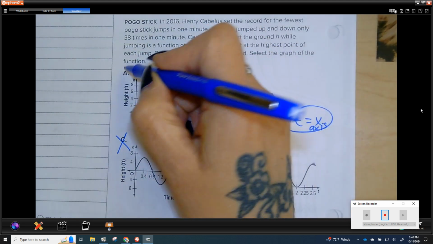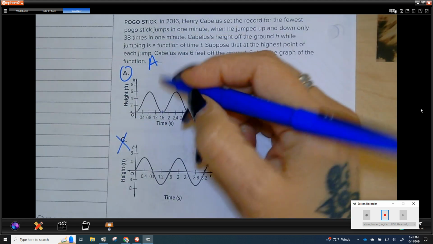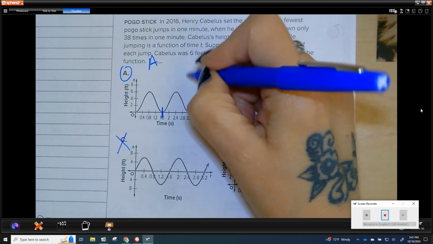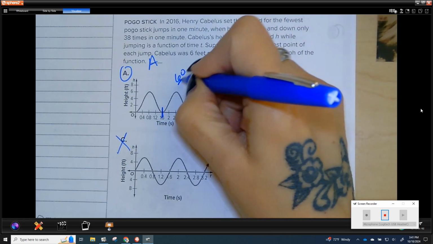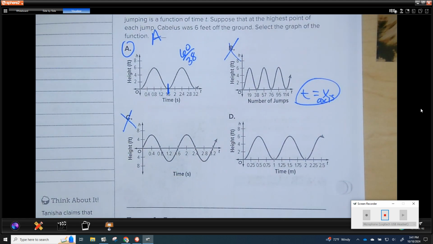So it is A. Okay? I don't have the calculator right out, but I will check it just to make sure that that's how they got 1.6. 60 divided by 38 is 1.57. So that's how they got 1.6. It's 1.6 seconds to do one cycle. So 60 divided by 38. That's how long it took him to do one jump.